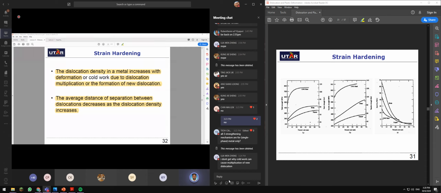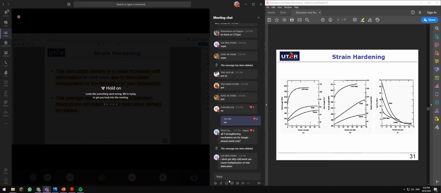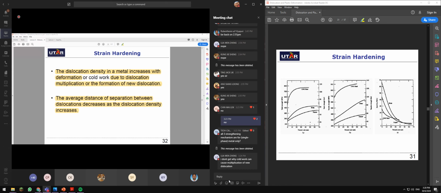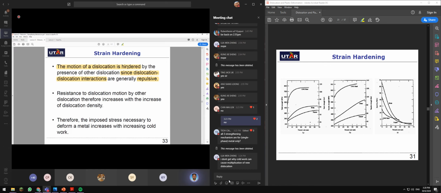Once they are in a perfect crystal orientation, the motion of a dislocation is hindered by the presence of other dislocations. If the density increases, it creates a repulsive force among the dislocation planes.